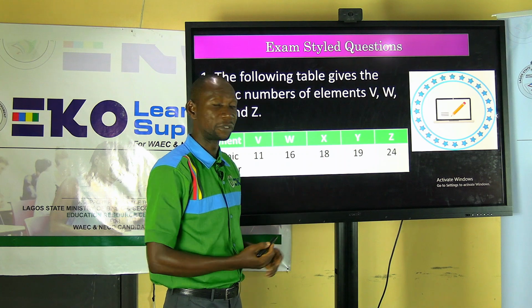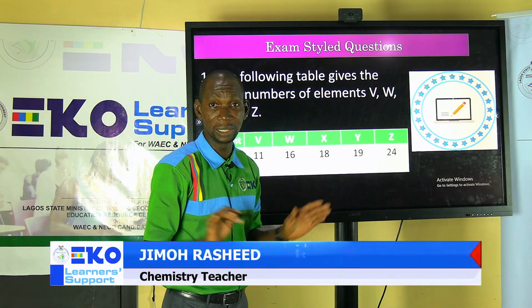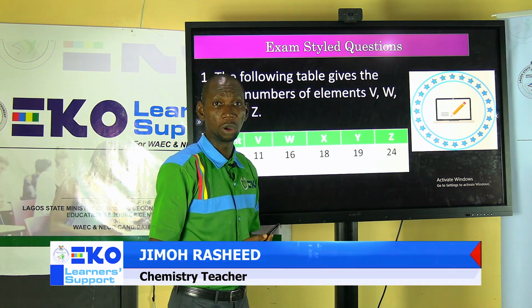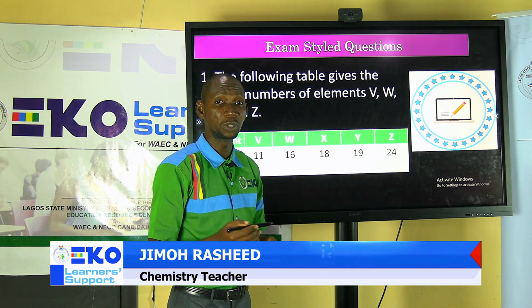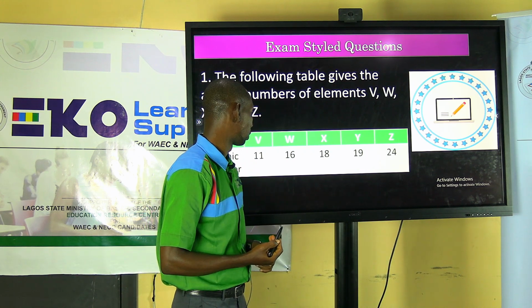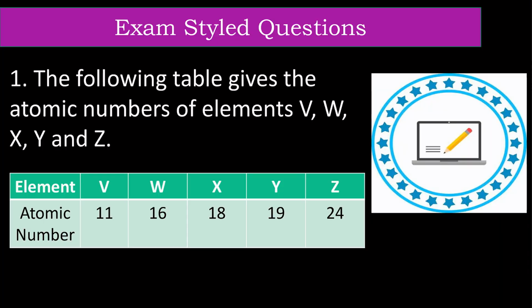The examiners have given you the elements as V, W, X, Y, Z, and that's how you must refer to them throughout your attempt to answer this question, unless, of course, there's a part of the question that says identify this particular element. So once you are given the atomic number, you can see V is 11, W is 16, X is 18, and it goes like that.